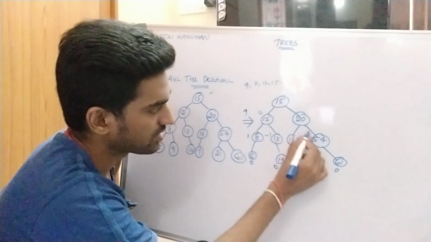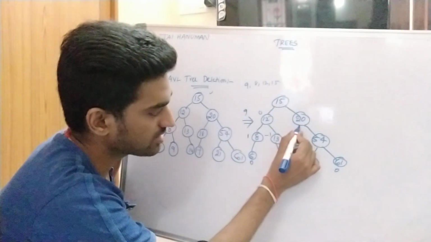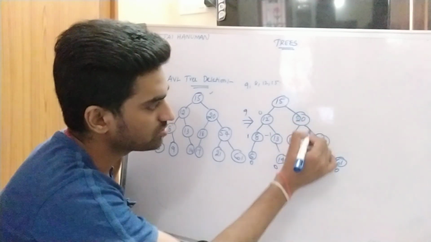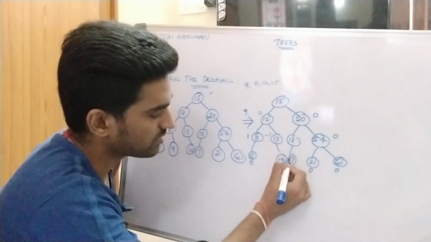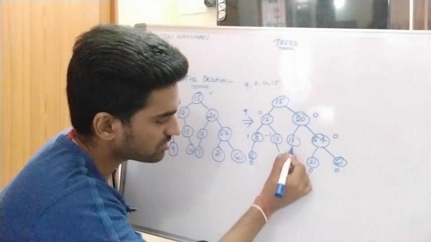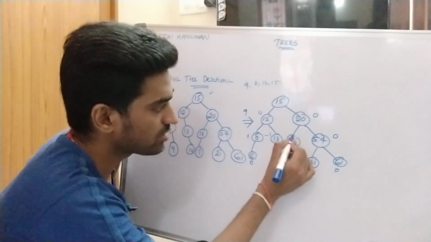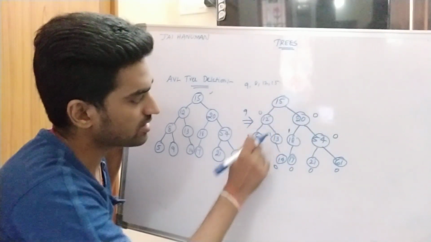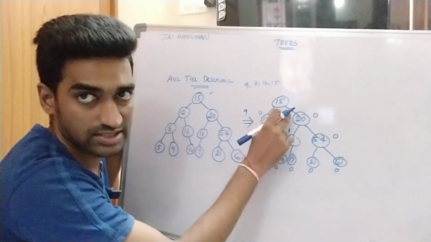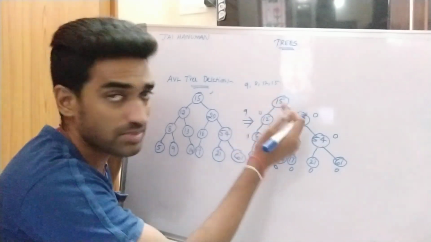For this one, the longest path is this one, 1, 2, so 2 minus 2, 0. For this one, 1 minus 1, 0. For this one, height of left subtree 1, right subtree 0, 1 minus 0, 1. For this one, the longest path is 1, 2, 3, so left minus right, 3 minus 3, 0.